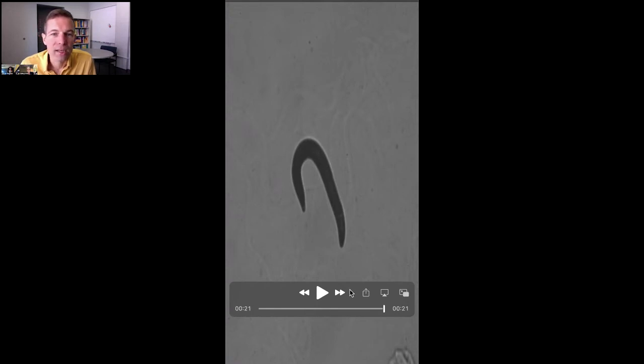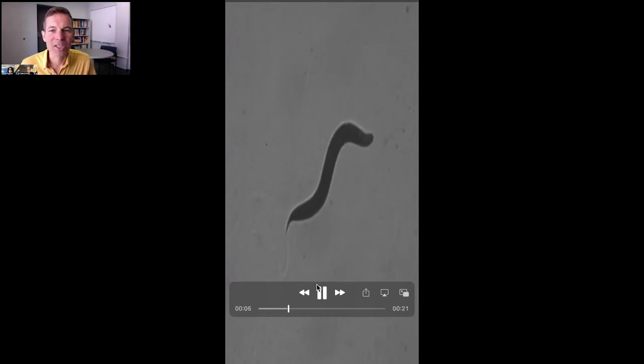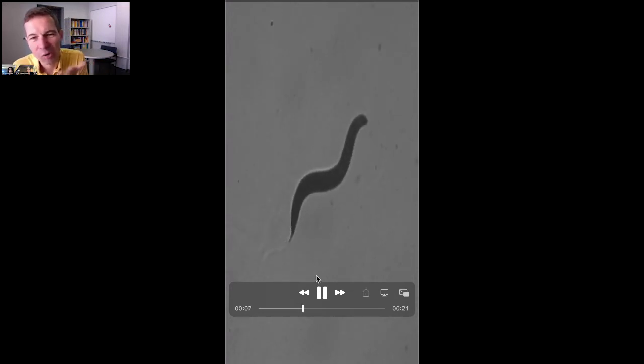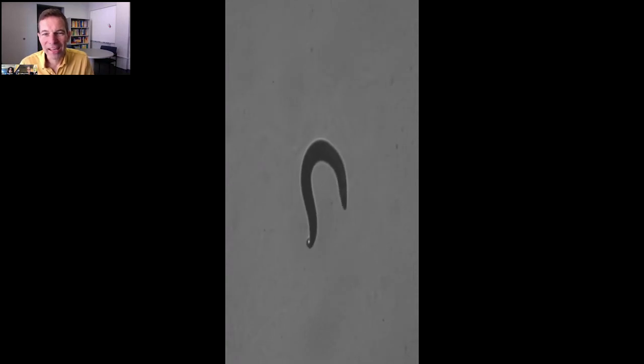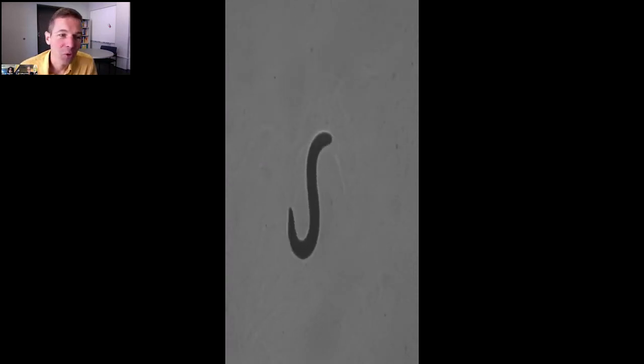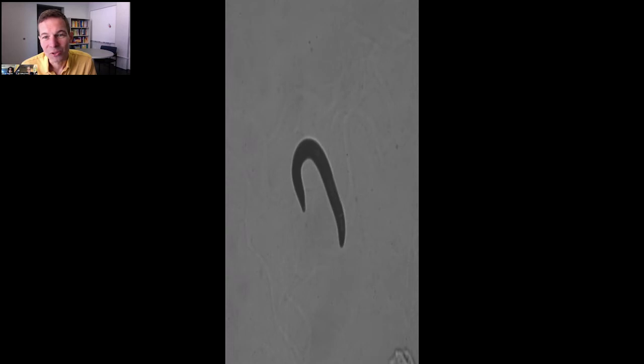It's well studied for a number of reasons, one of which is that it's very happy to spend its life in a lab under lab conditions. You can get an agar plate and let it crawl around on this plate. You can poke and prod it by hand. Furthermore, it's translucent, so you can see its insides, which is useful for doing neuroscience. You can light it up and actually see neurons firing and such things.